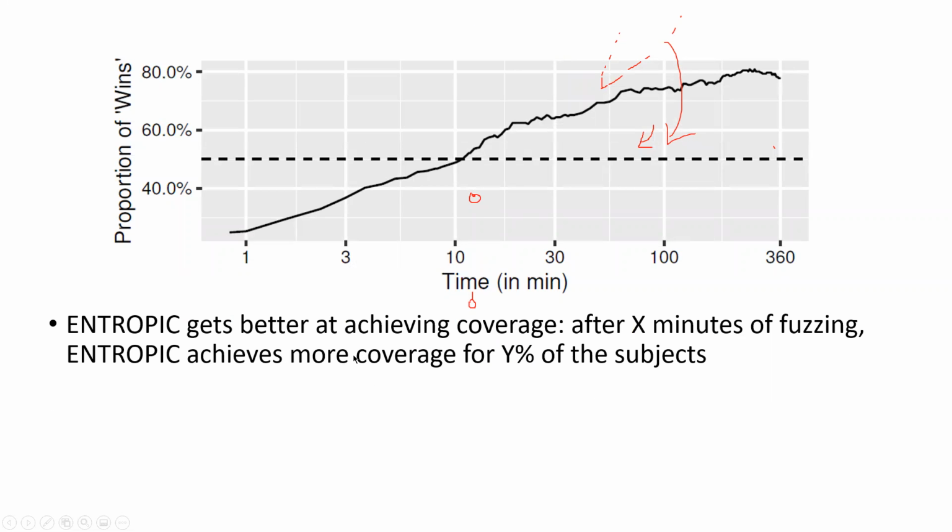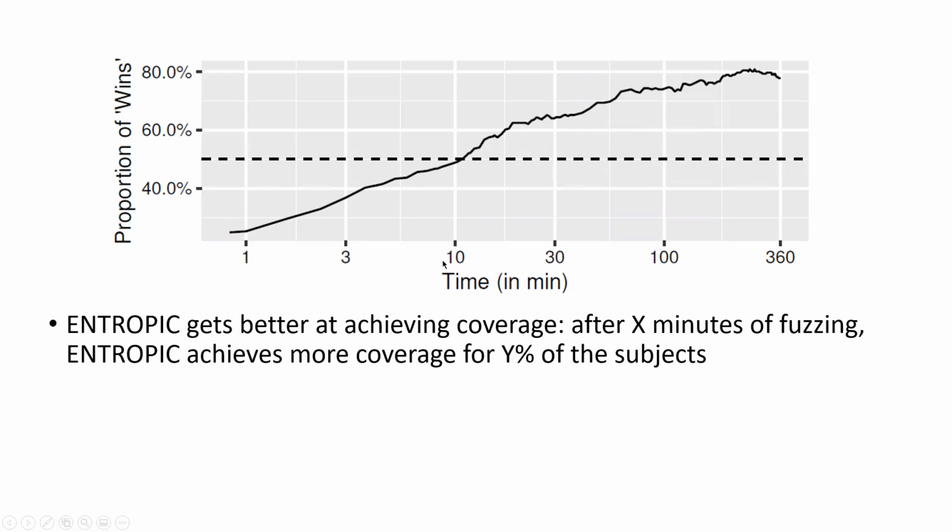This is another graph to show that Entropic gets better at achieving coverage after some time. In this graph, for X number of minutes, Entropic achieves more coverage for Y% of the subjects.